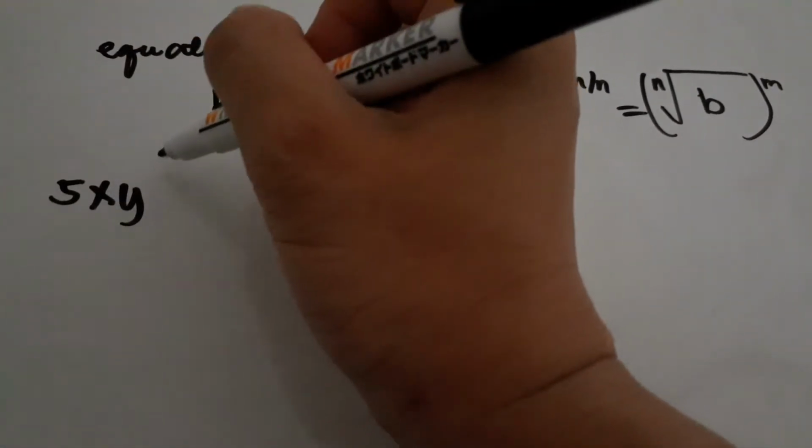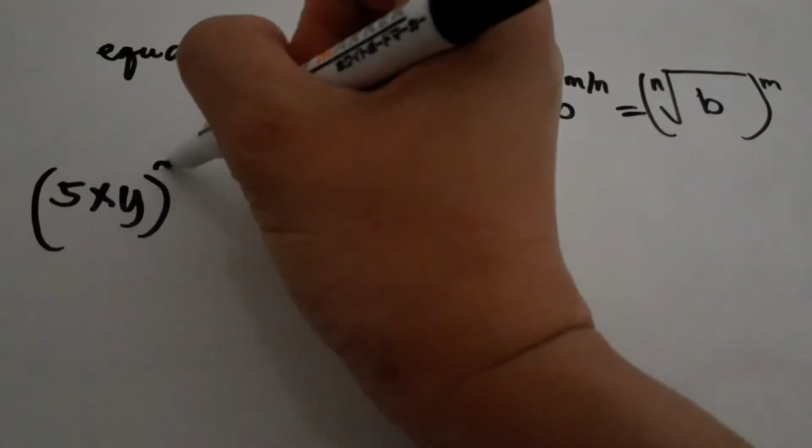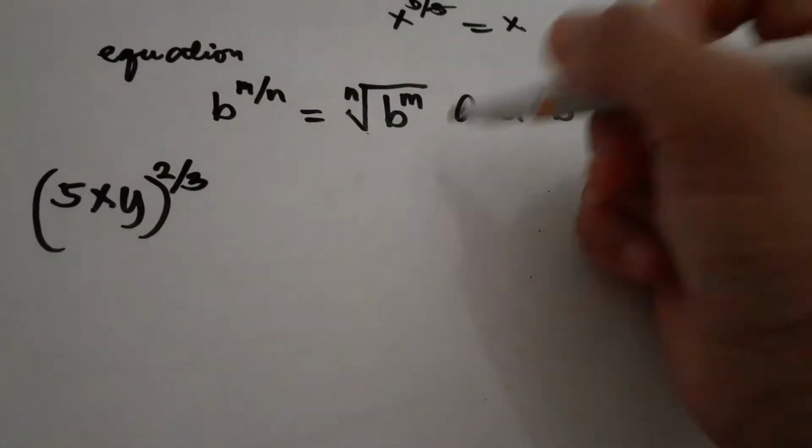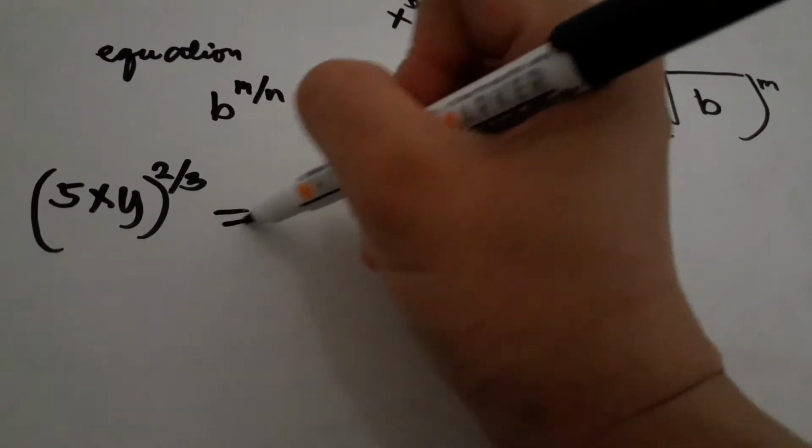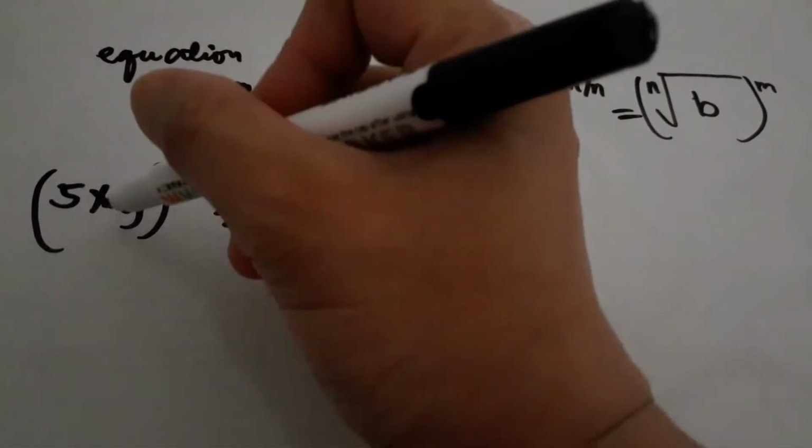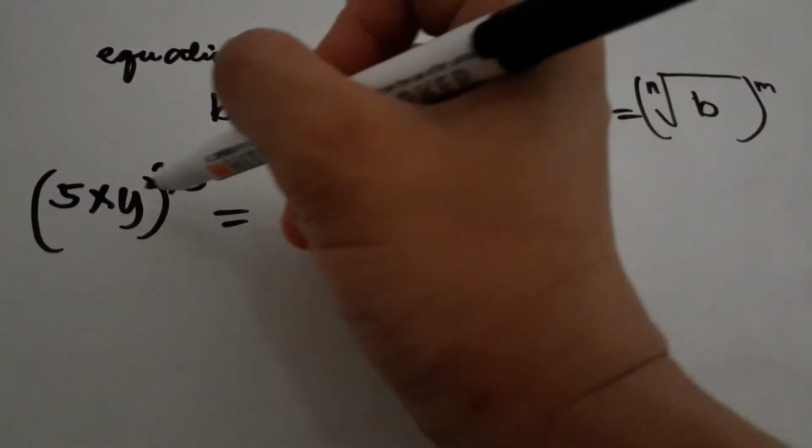Remember the radical, and in these expressions we use the denominator as the index, which is 3.